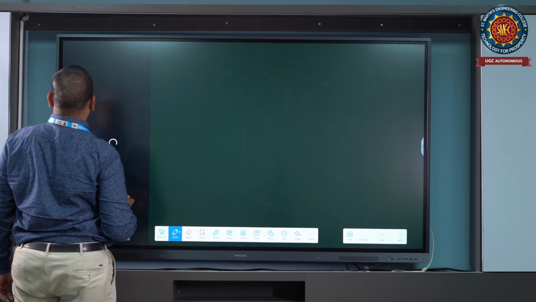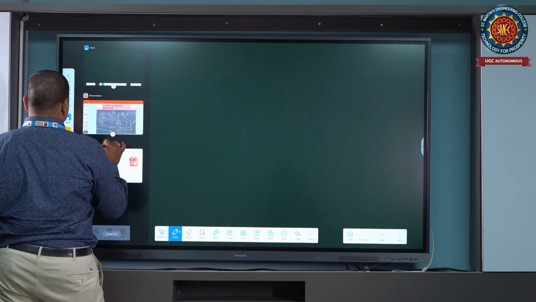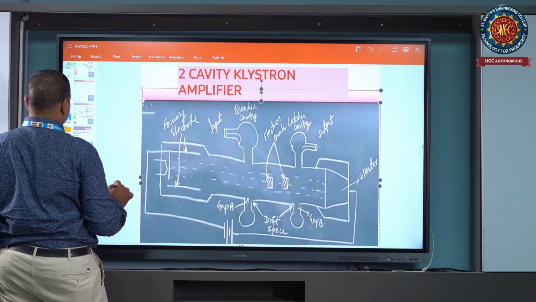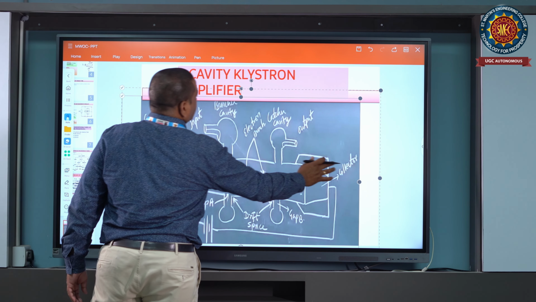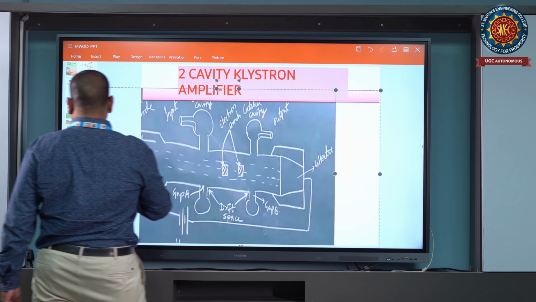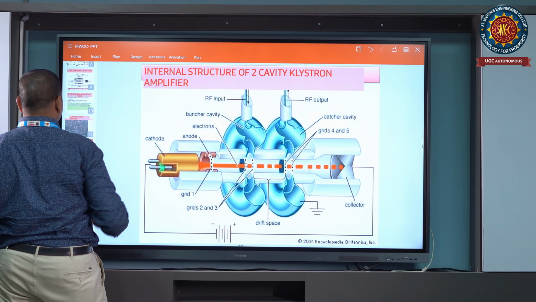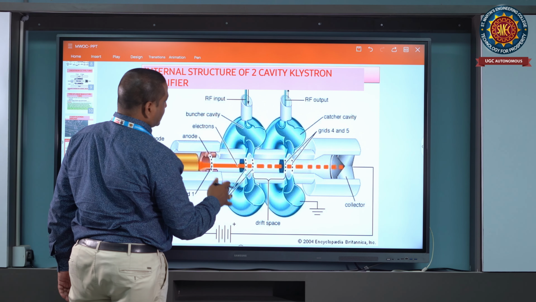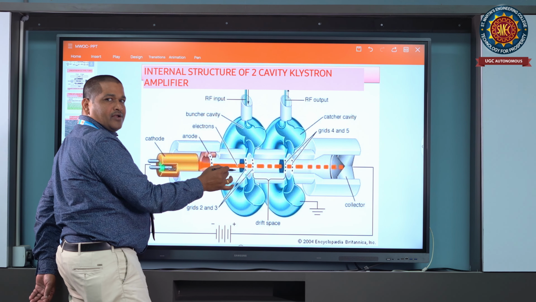So coming to the other topic we are going to discuss, the reflex klystron. The next topic, internally, will be shown like this. In the two cavity klystron, you will have two cavities, whatever cavities I have discussed.